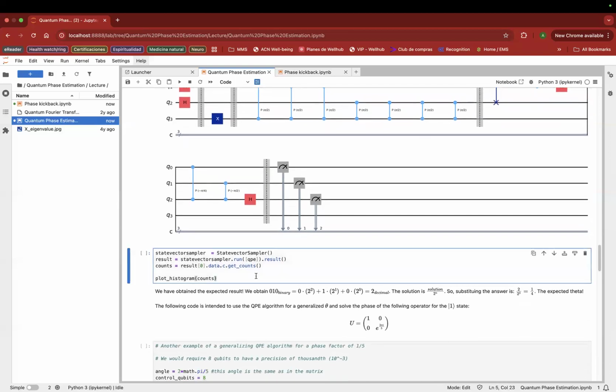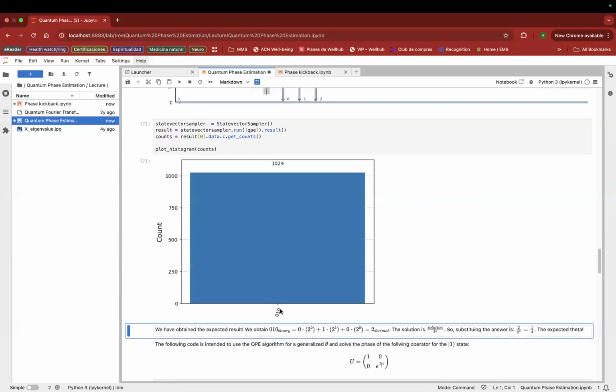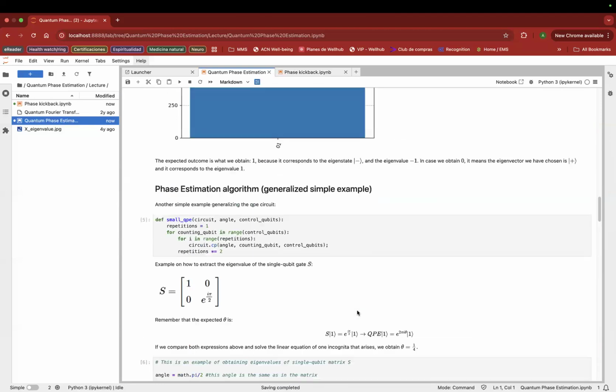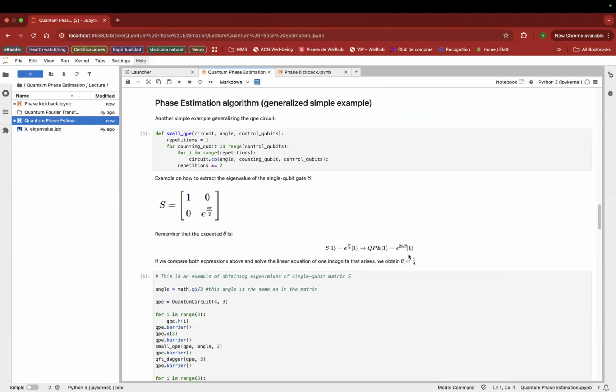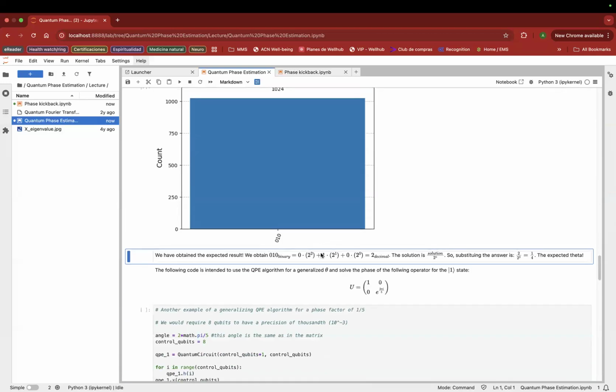We get the counts and we get 0, 1, 0. Now we applied this and got the counts, but how do we know whether this is the solution or not? Well, first, we need to transform this binary number into a decimal number.